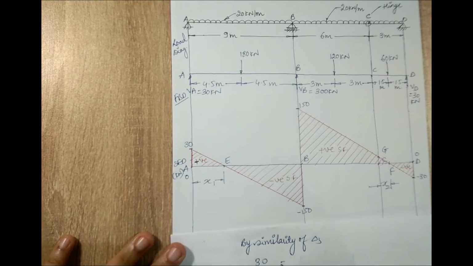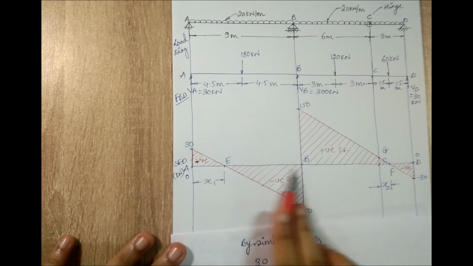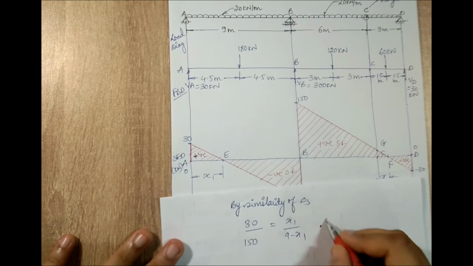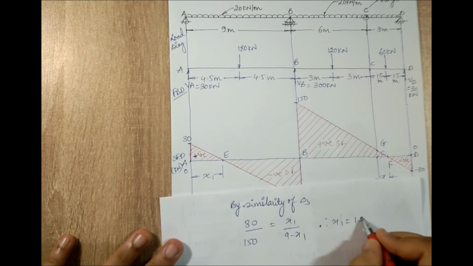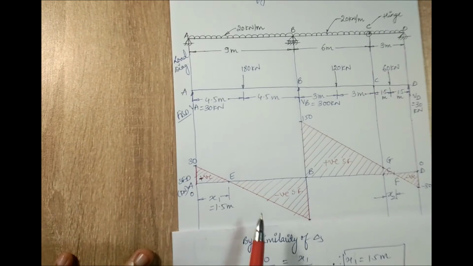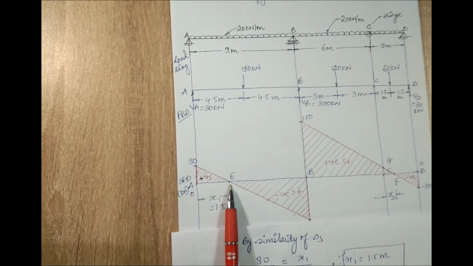These are the two heights whose ratio I'm going to take, and here the distance is x1 divided by this length. Total length is 9 minus x1. So when I substitute, I get x1 is equal to 1.5 meter, which is this distance A to E. This value is important because I need to calculate the bending moment at this point E, which is going to be maximum because this is a point of zero shear.